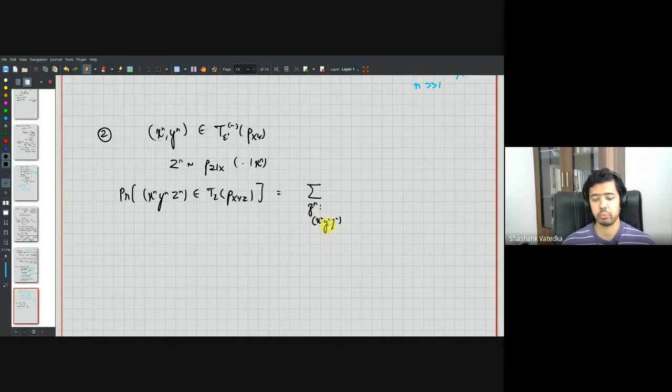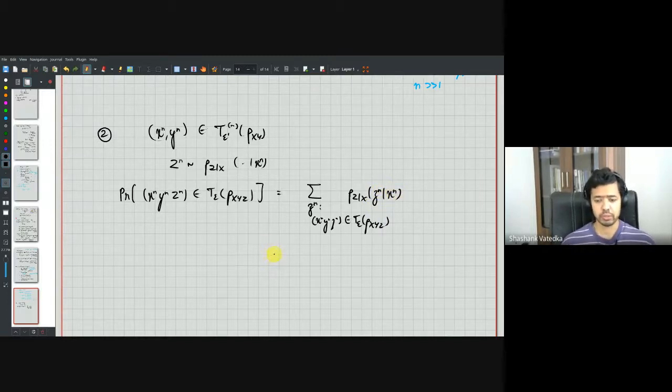So I'm summing over all possible zn which are typical with respect to yn and xn, times the probability of occurrence of this particular zn, so Pz given x of zn given xn.